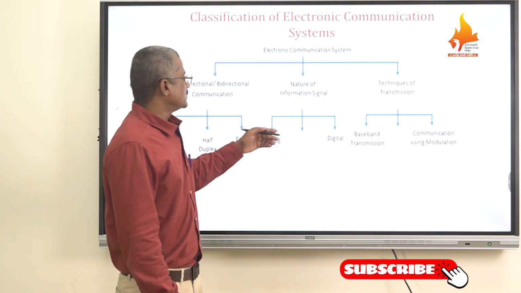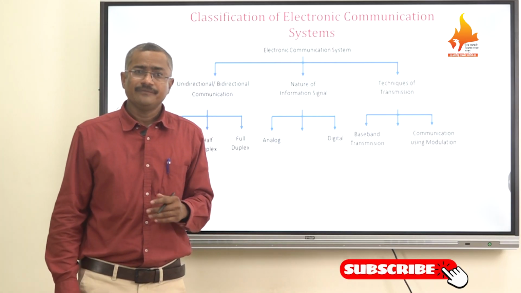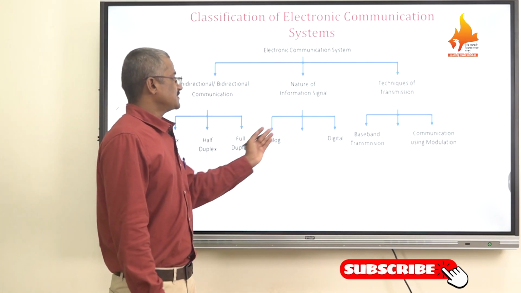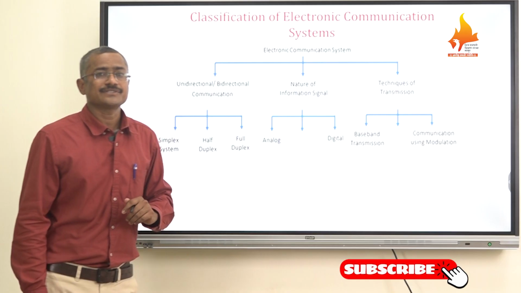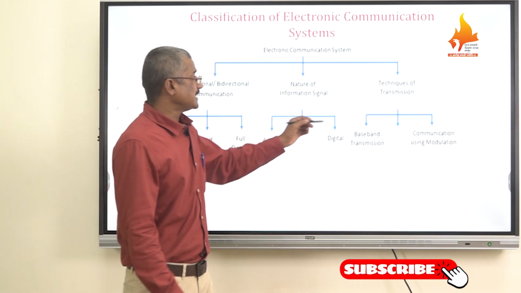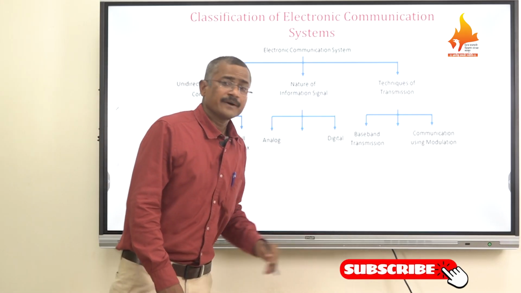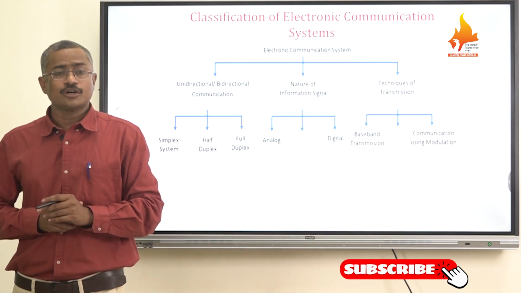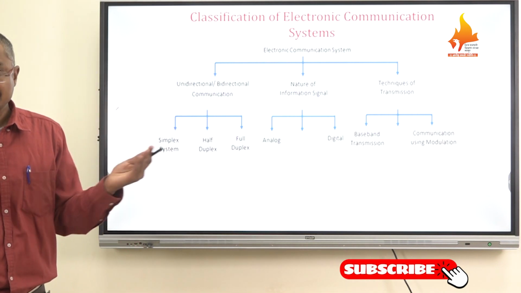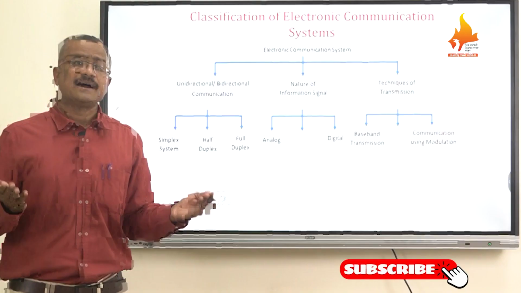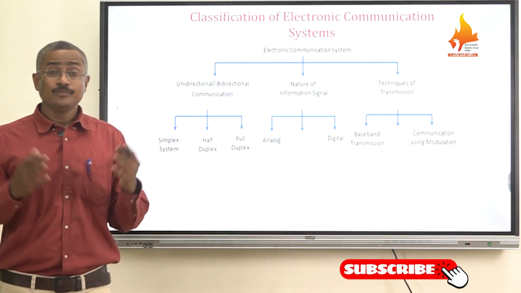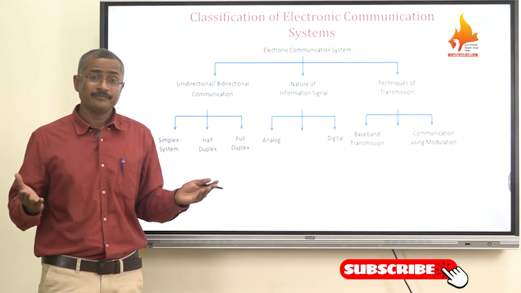Depending upon the nature of the information signal, we can have an analog communication system or a digital communication system. Based on the technique used for transmission, we have baseband communication or modulated signals. You may have heard of amplitude modulated signals, FM, AM, PM.